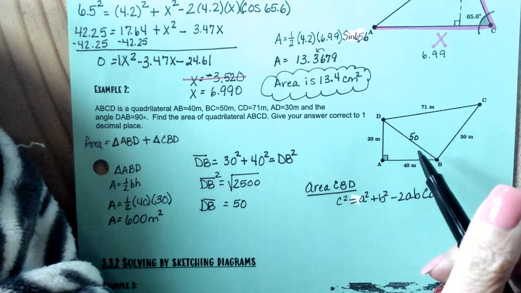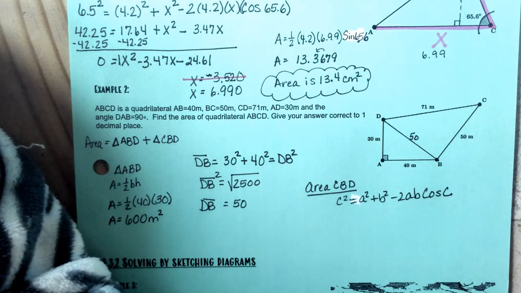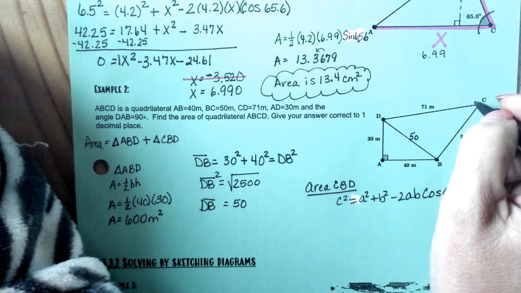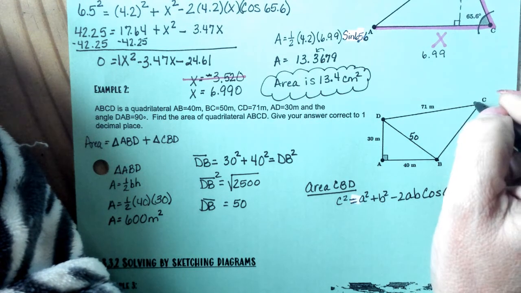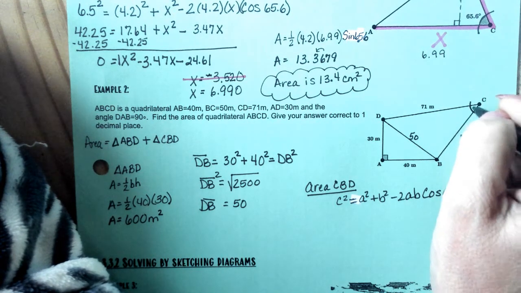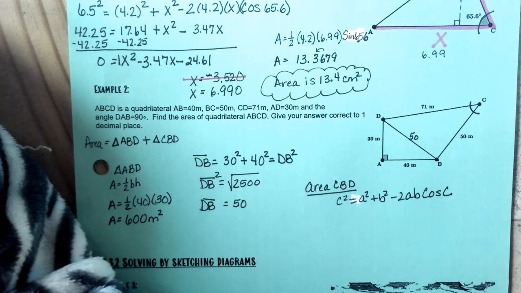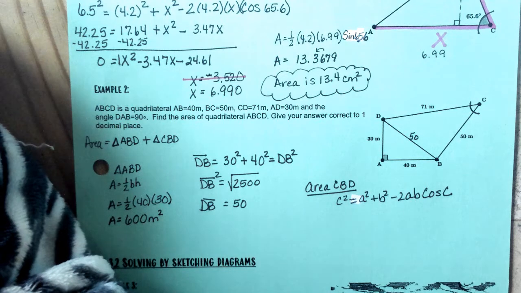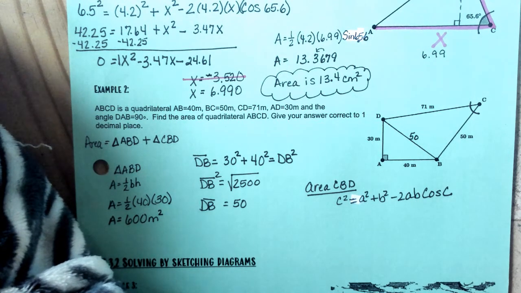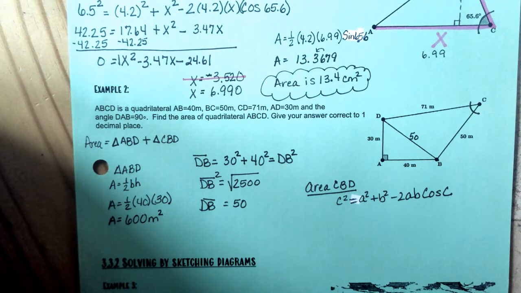I have a note here that I could have just used my sides. In order to find this, I could figure out this angle right here, which is kind of what I did. But remember in our notes, I'm trying to remember where it was. Let me see if I can find it real quick, and that way I can show you, because I think it might be helpful.